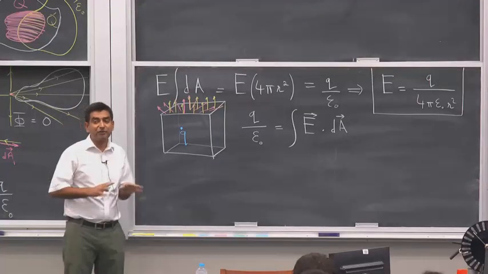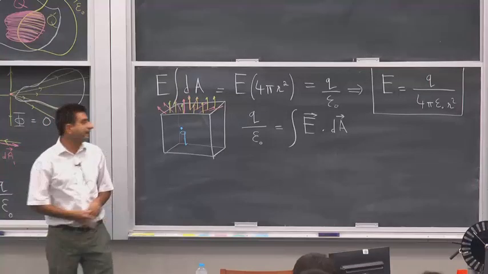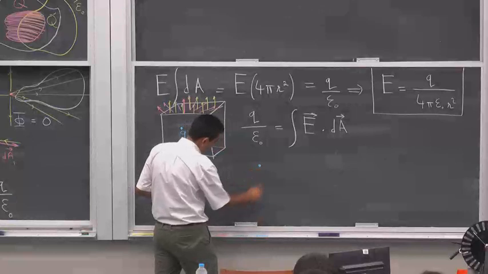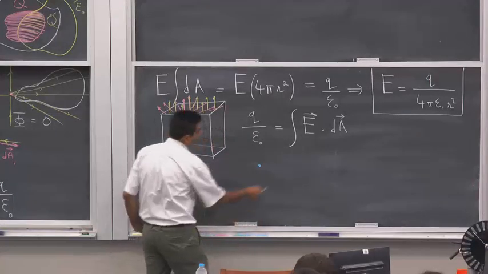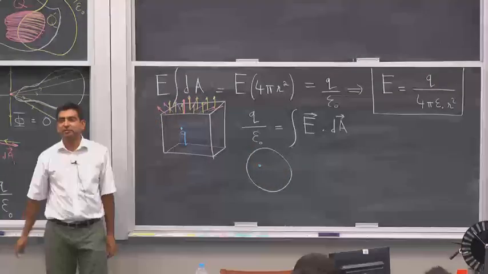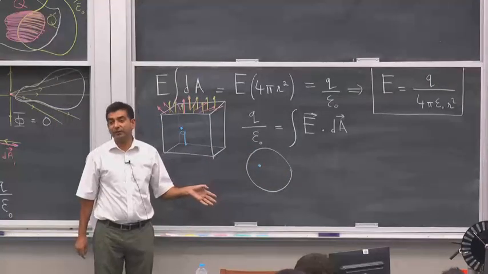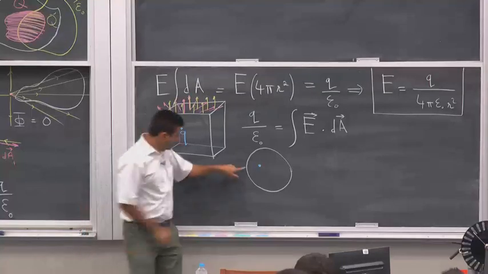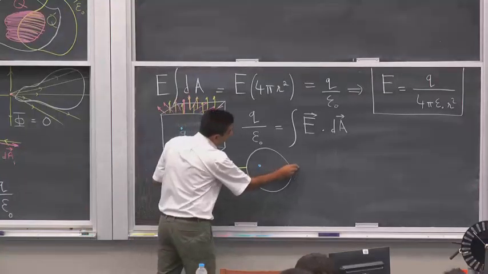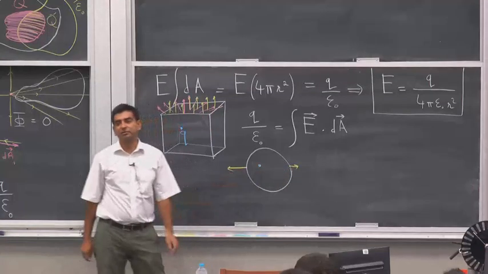So what you would like to do is draw a spherical surface. Another point of consideration is that if you have a charge, and you draw a spherical surface, but your sphere is not concentric with the point charge, once again, even though you reflect the symmetry of the electric field, the electric field at this point is going to be larger than the electric field at this point, because this point is closer to the charge.